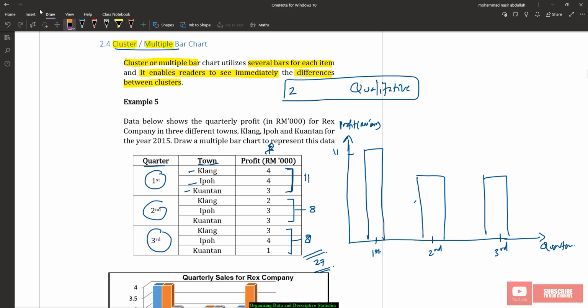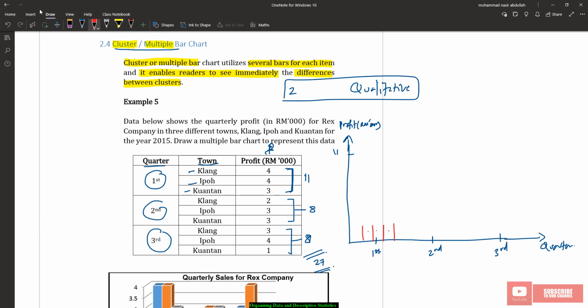For a multiple bar chart, instead of having a single bar on first quarter ni, we split the bar into town, right? So nampak dekat sini, first quarter ni we have Klang, Ipoh and Kuantan. So we have first bar, second bar, third bar, right?